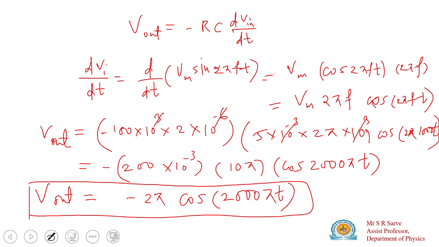So in this portion, I have to write the output voltage for the differentiator is found to be minus 2 pi cos 2000 pi t. Okay, and the unit of the output is volt.